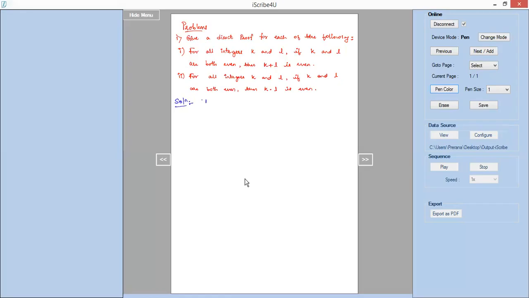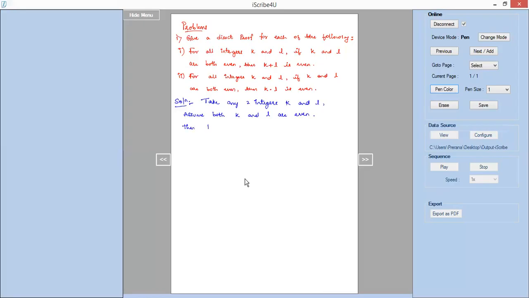Take any two integers k and l, and assume both k and l are even.